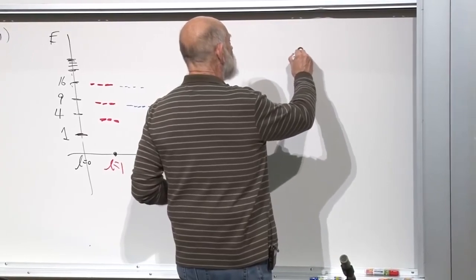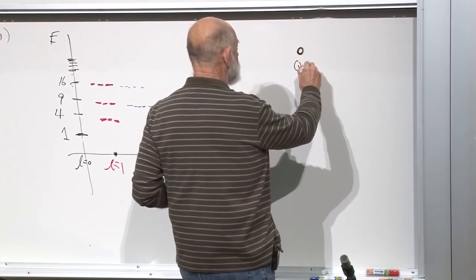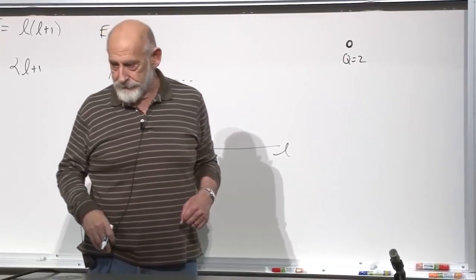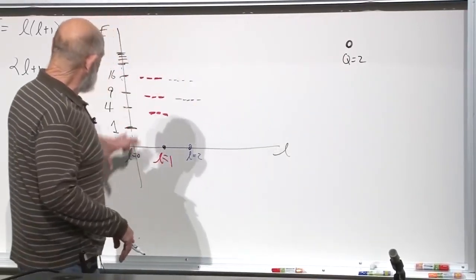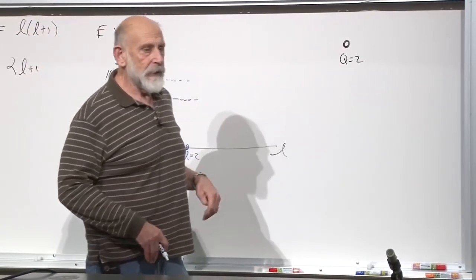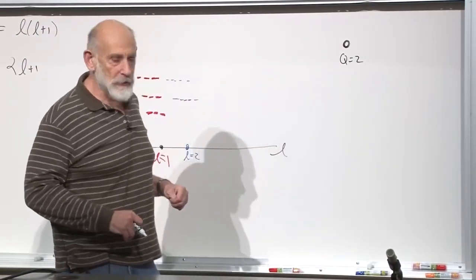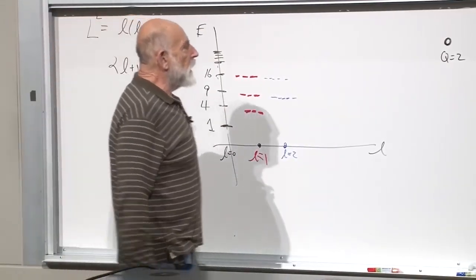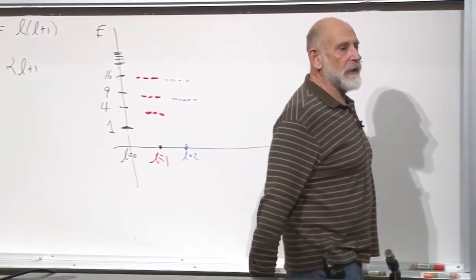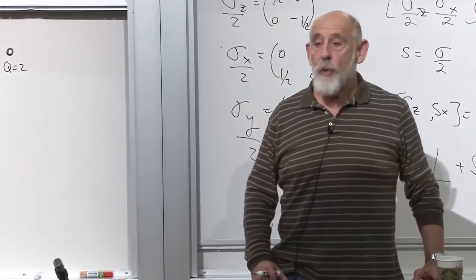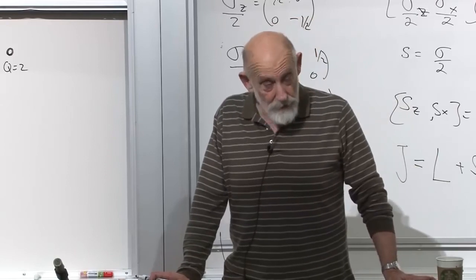Helium has a nucleus of charge 2, Q equals 2. So it pulls on the electrons tighter. The whole structure is rescaled, but that's not important. The charge is bigger. That pulls the electrons in closer, but the basic structure is the same. And now you look at helium, you find out, first of all, there's a helium ion. Helium ion means 1 electron instead of 2 electrons.